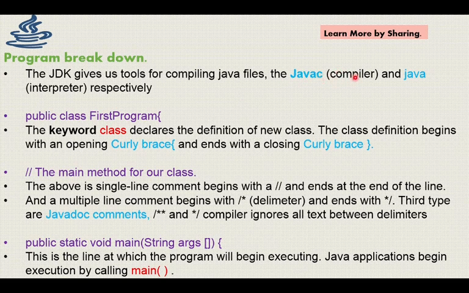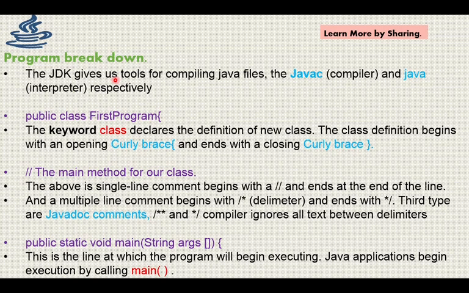So this is the compiler, okay, as found in the JDK, right, that we installed on our machines. So we have the Java interpreter. We used java, like java first program. So we code the interpreter to interpret our class file. Okay, so yeah, we can program, right?